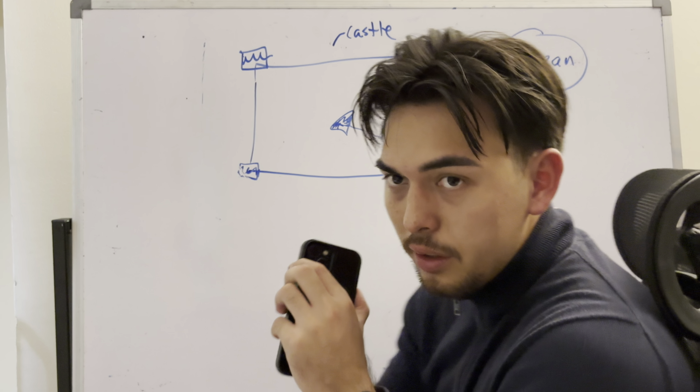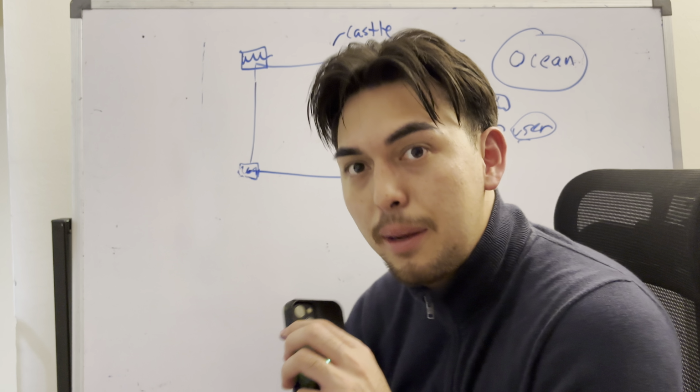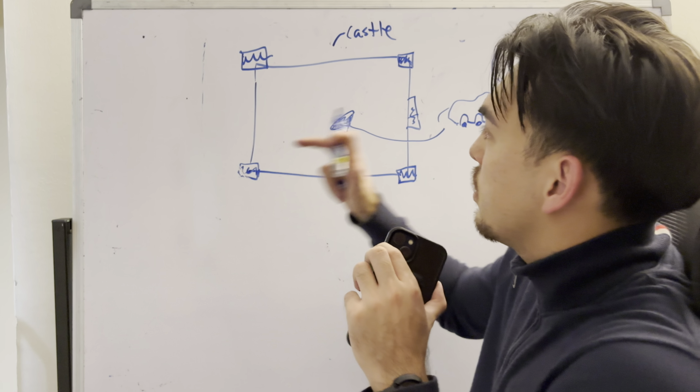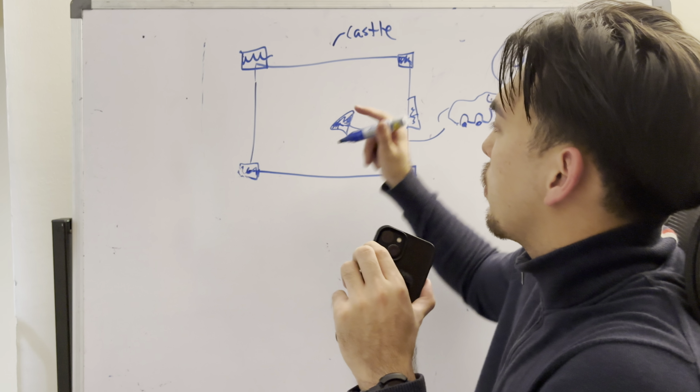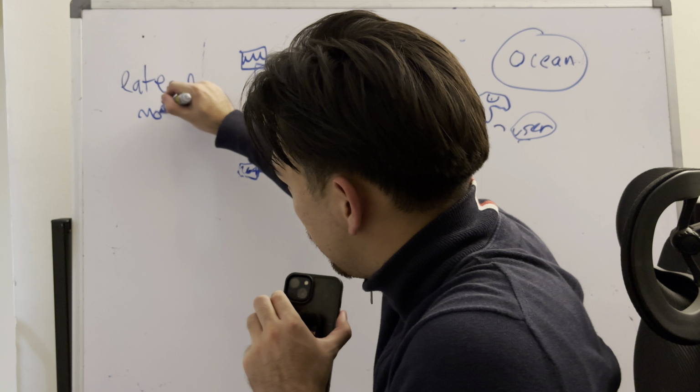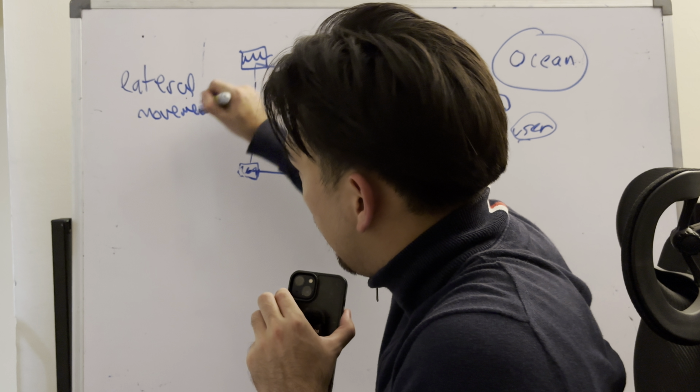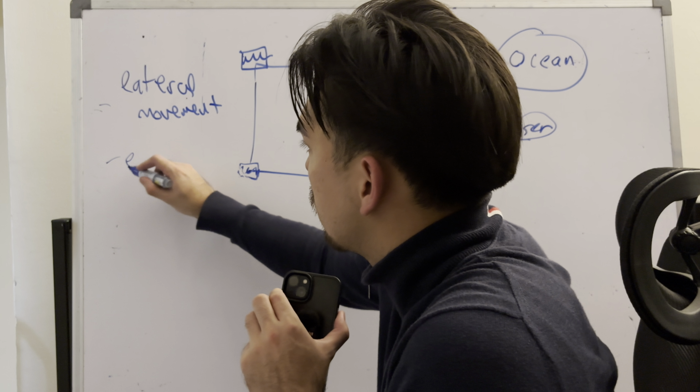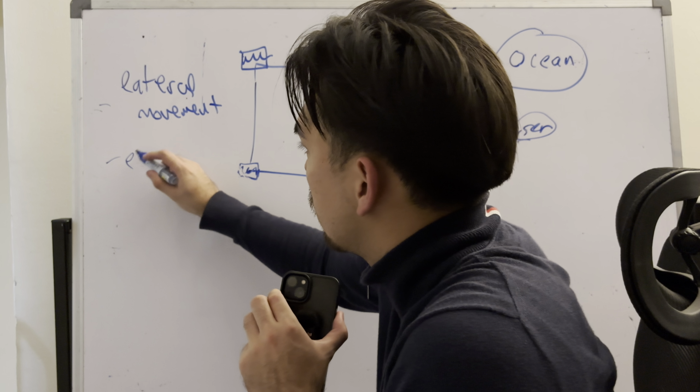Now, in cybersecurity, the same thing happens in traditional cybersecurity systems. So what we have is called lateral movement, elevated rights, or in other words, unauthorized access.